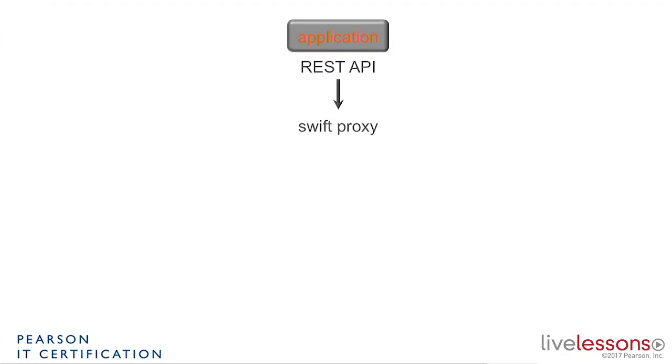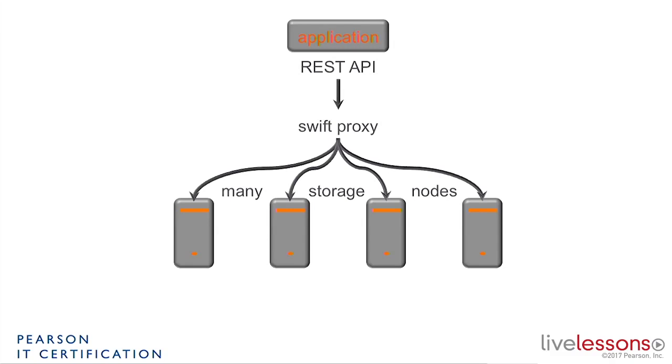So the RESTful API call goes to Swift proxy. Swift proxy really is the access point for the application for accessing these binary objects. And behind the Swift proxy, there are many storage nodes. The Swift proxy is taking care of the direction of the specific request to the specific storage nodes that are needed.